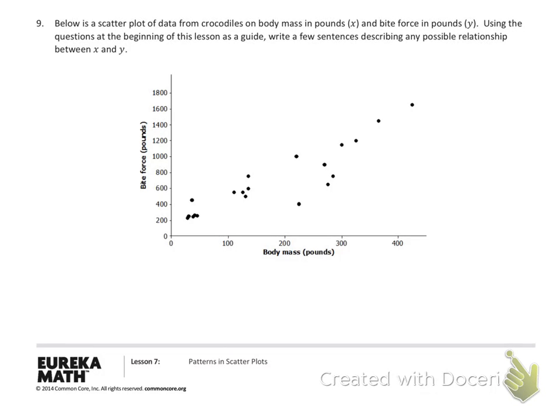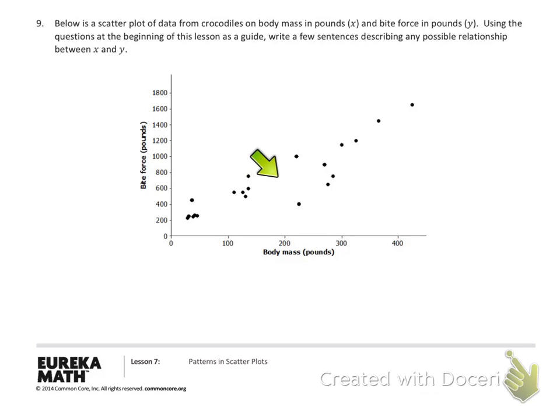Okay, now scatter plot number 9, or exercise 9. This scatter plot is data from crocodiles on body mass in pounds and bite force in pounds. We've already read all that. So we're going to write a few sentences about any possible relationship in this data. When I look at it, I see a positive linear relationship.